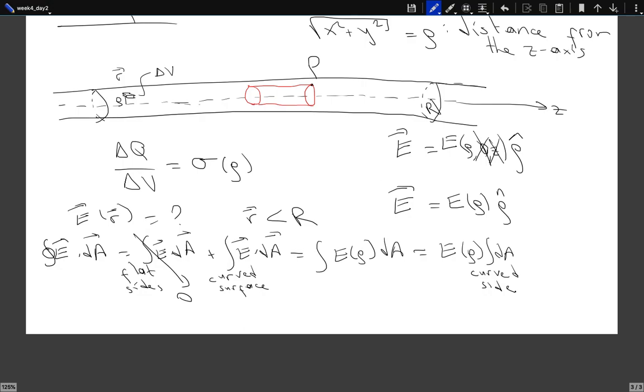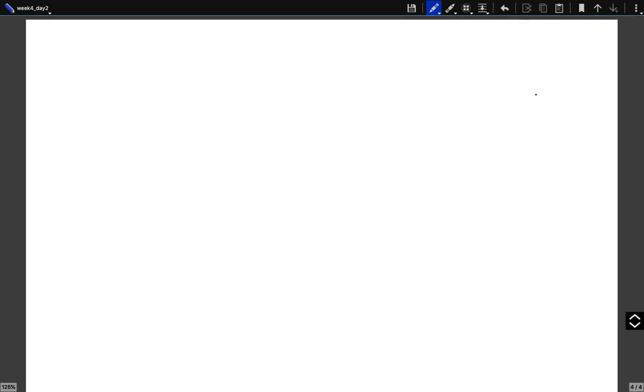Now this dA is nothing but the total area of the curved side, which we had said was just 2 pi rho times L. The height of the cylinder is L, and the radius of the cylinder is rho. Nothing has changed from the previous example.